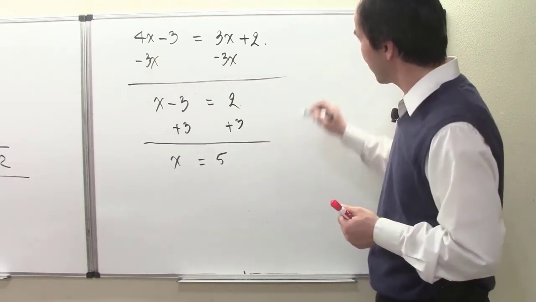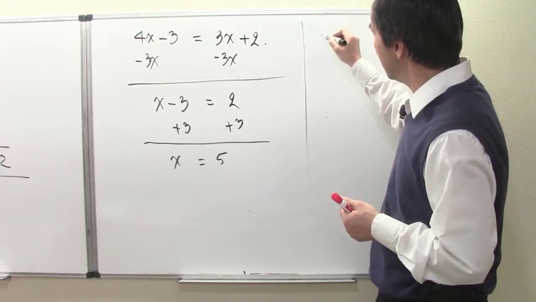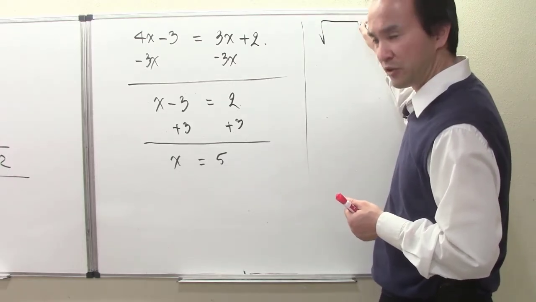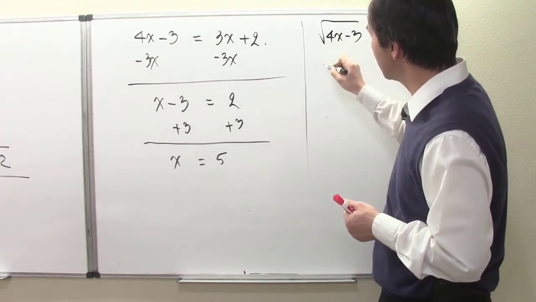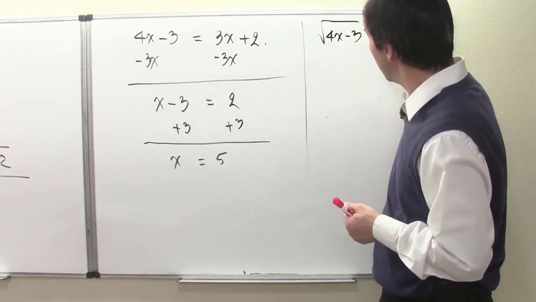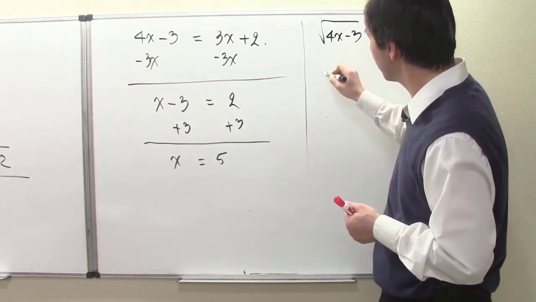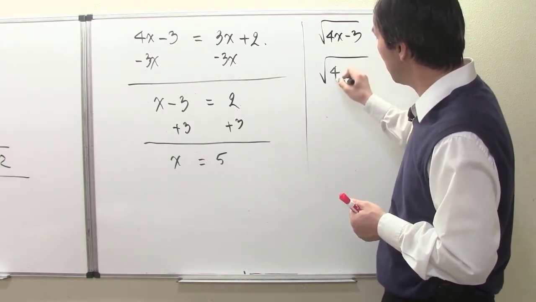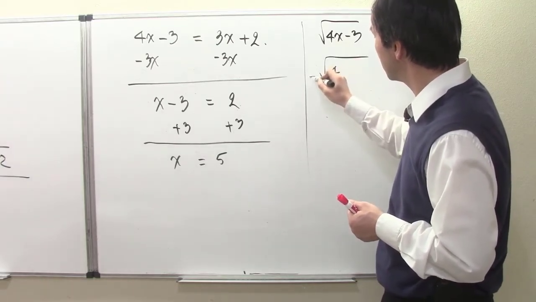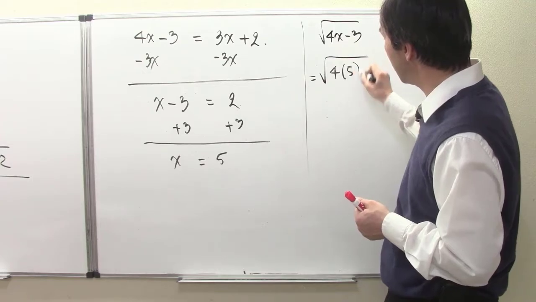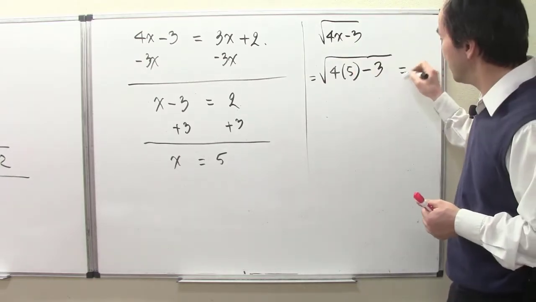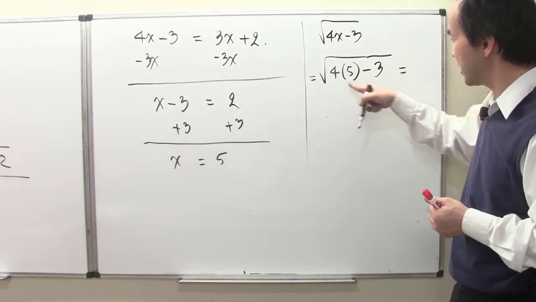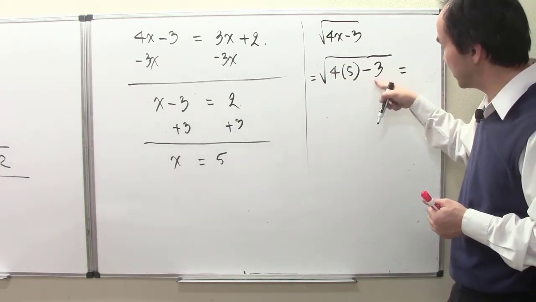Among our square root terms is 4x minus 3. When x equals 5, this term becomes 4 times 5 minus 3. 4 times 5 inside the square root is 20, minus 3 is 17.